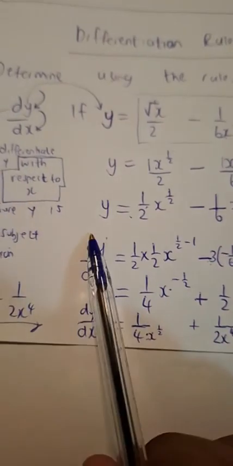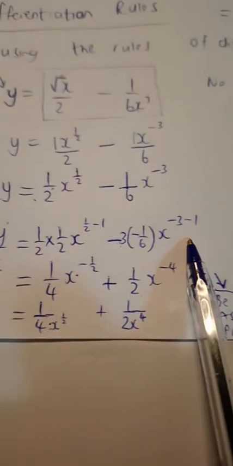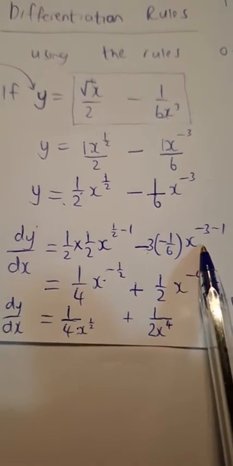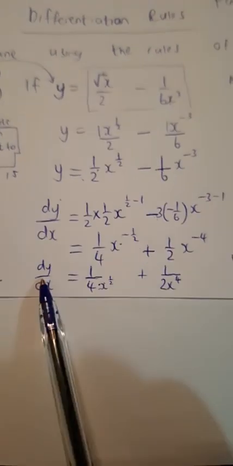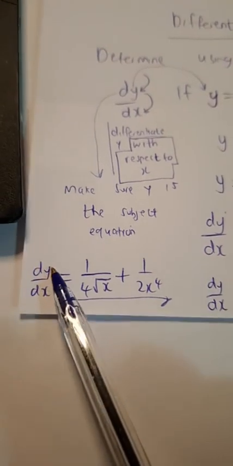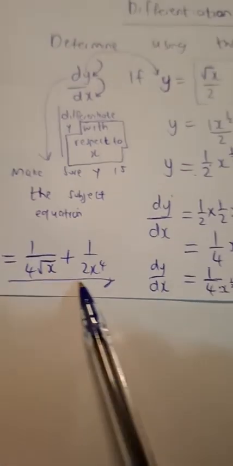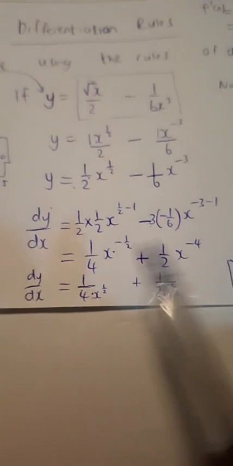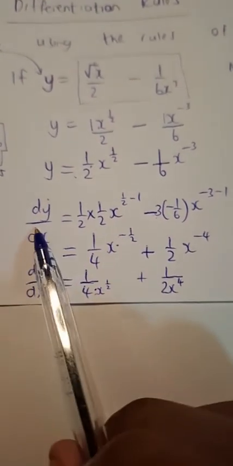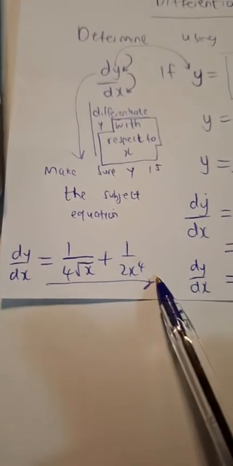I said dy over dx equals, very important, then derived using the rule, and then eventually got the answer. But even the final answer still had dy over dx. There is no y is equal to, there is only dy over dx as the subject until the end, because this is where differentiation started, and I basically have it until it ends, you see.